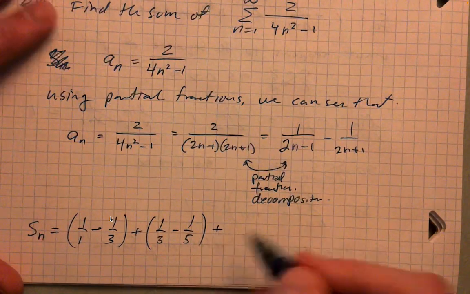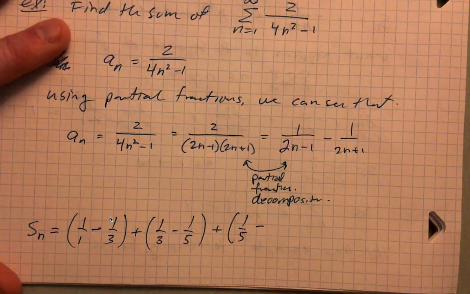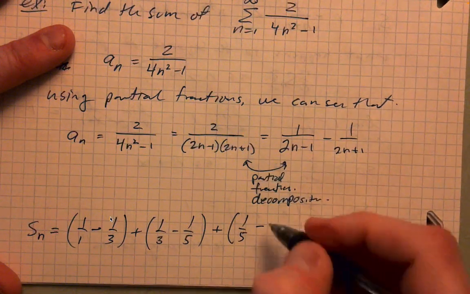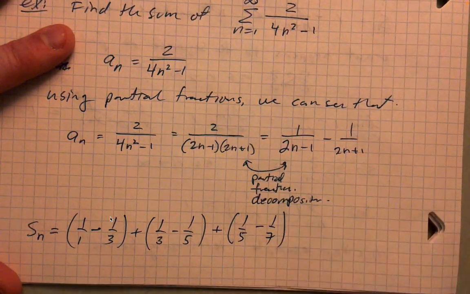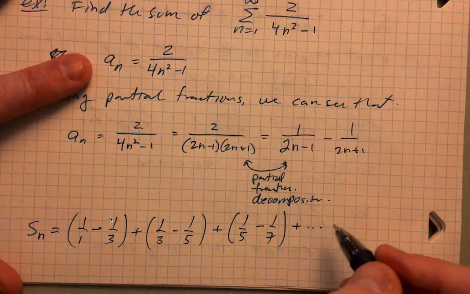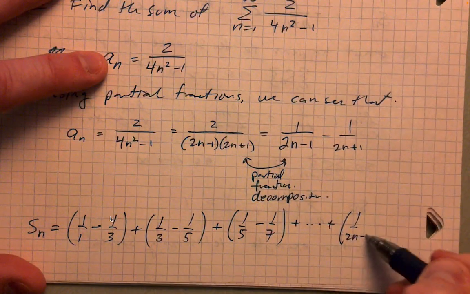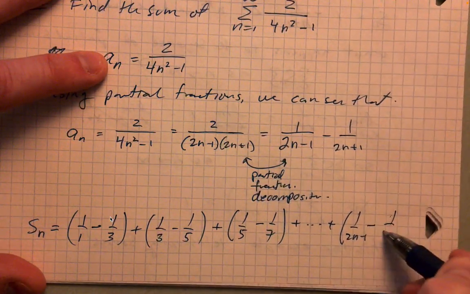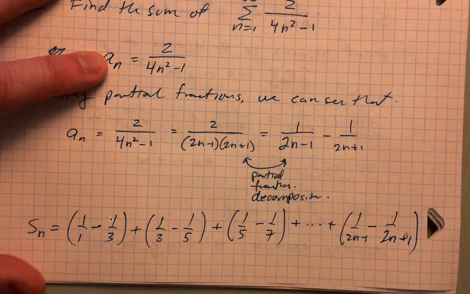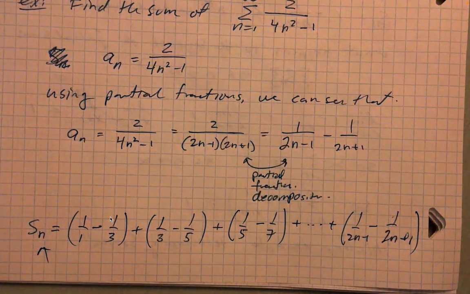This is what you would expect from a telescoping series. At the end is 1 over 2n minus 1 minus 1 over 2n plus 1, so this is what the nth partial sum looks like.